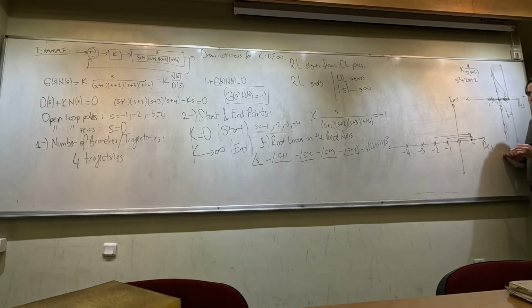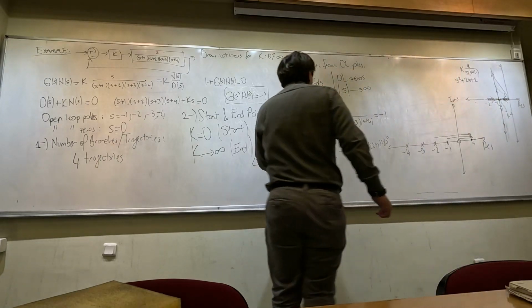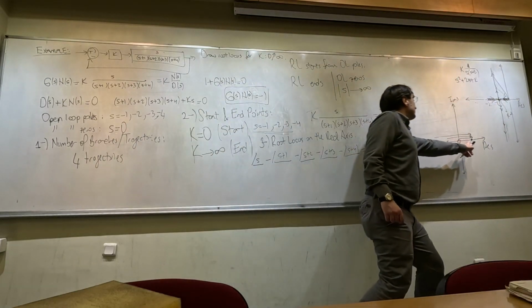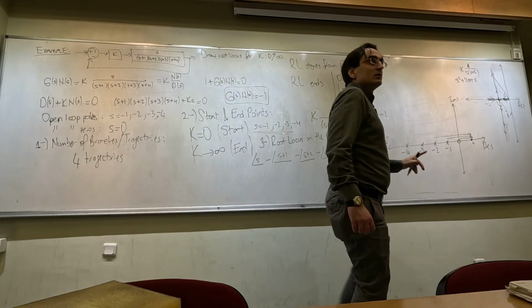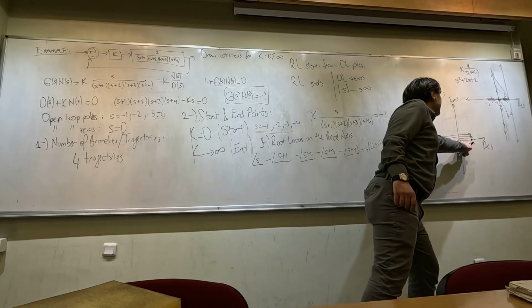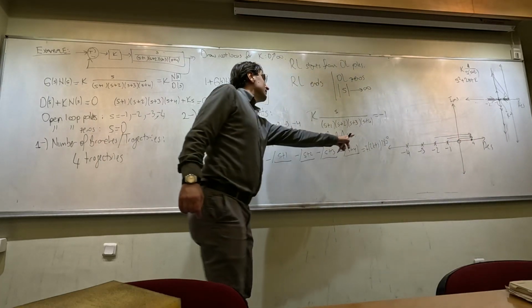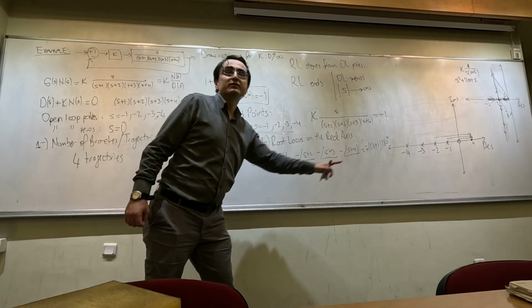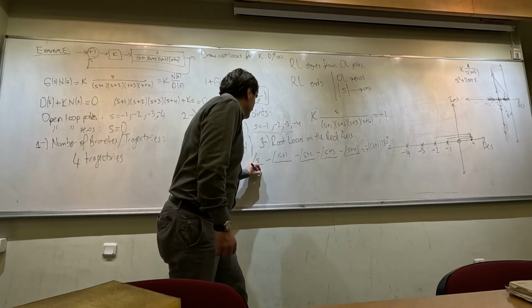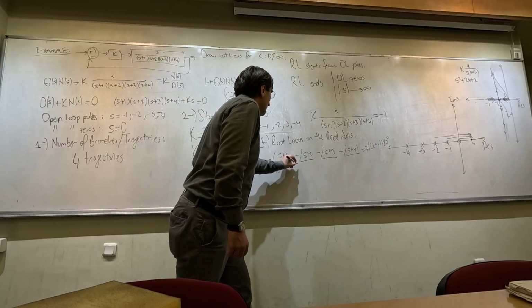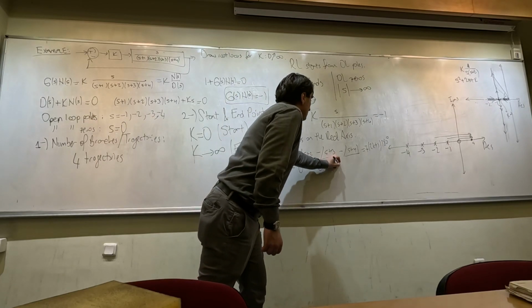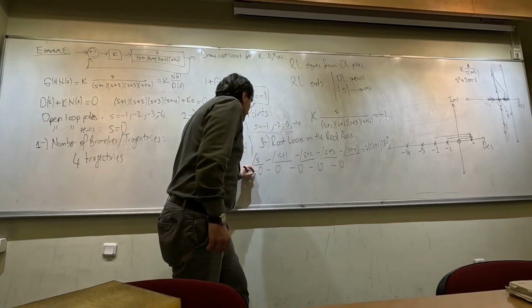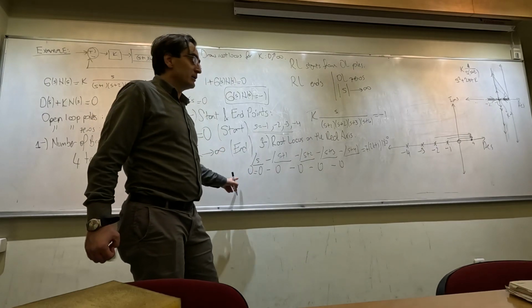Okay? So what are these angles for an s value here? For an s value here, what are these angles? They are all 0, 0, minus 0, minus 0. Okay? So the result is 0 here. Okay?